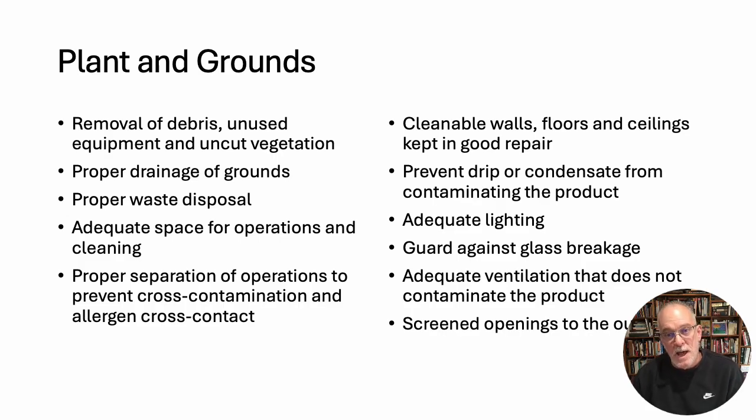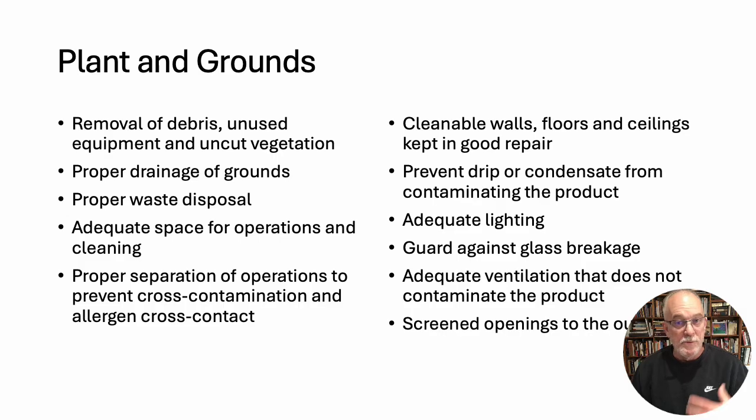So we want to make sure we have adequate lighting so that we can carry out our cleaning, our inspection processes, and processing. We want to make sure that things like light bulbs and glass are shatter resistant or covered. We want to minimize these types of glass or material if possible in production areas. If they are there, again, protect them from breaking.